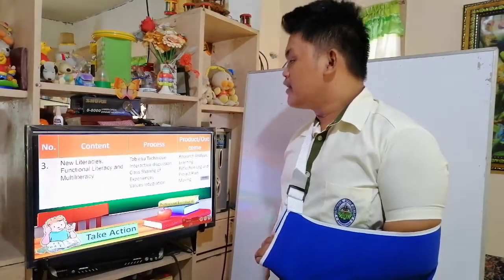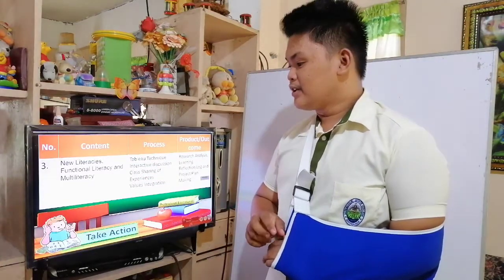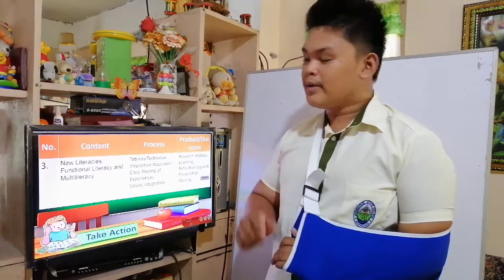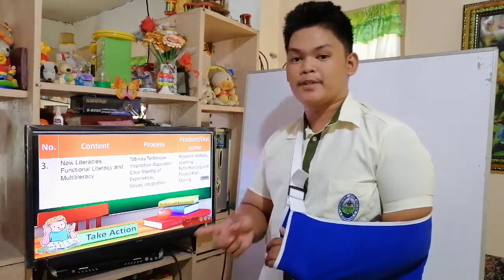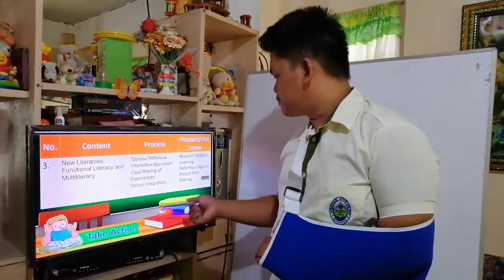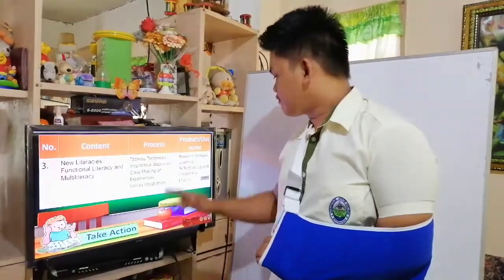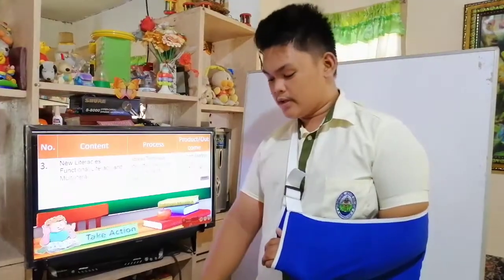Then number 3, we have new literacies, functional literacy, and multiliteracy. The process is through Tableau technique, interactive discussion, class sharing of experiences, and values integration. As a result, we expect research analysis, learning reflection log, and project plan making.